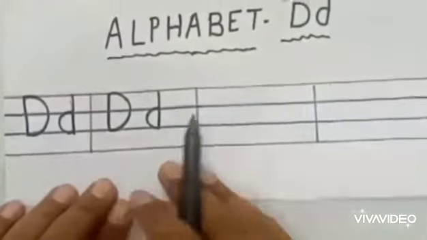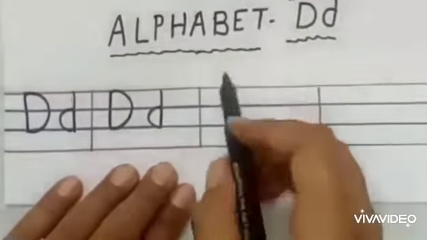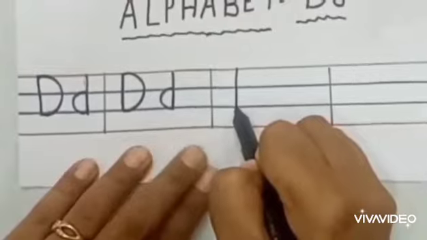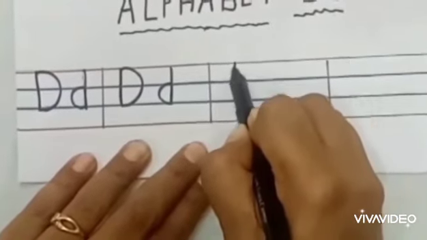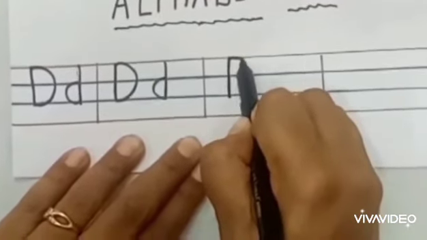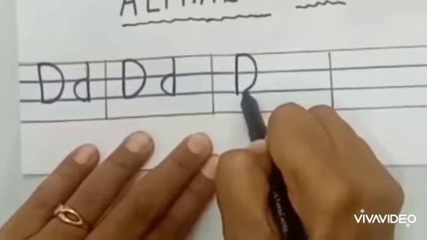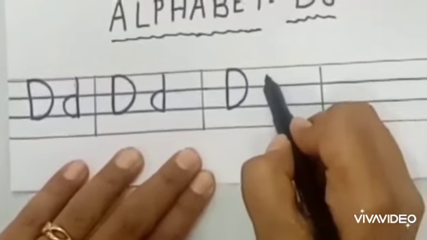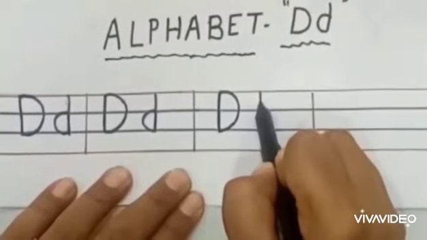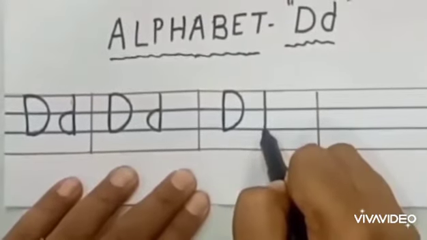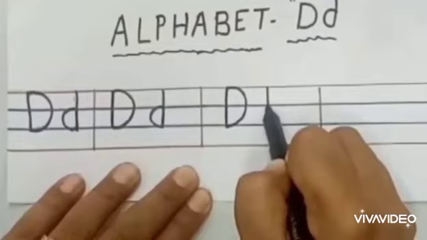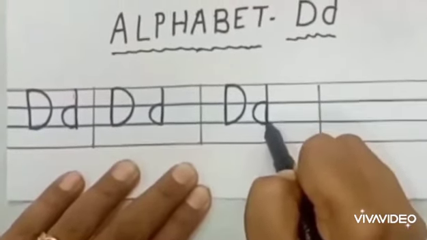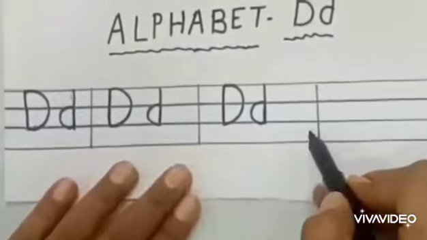Small d. Now let's write again from red line to blue line standing line. Go up to the red line. Make a reverse C and touch the blue line. Capital D. Small d. Red line to blue line standing line. Go up to the first blue line. Make a C and touch the blue line. Small d.